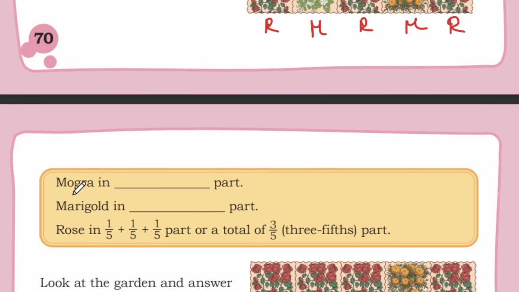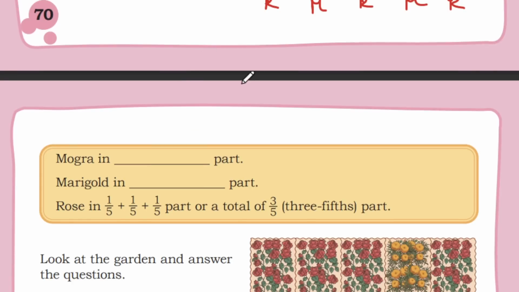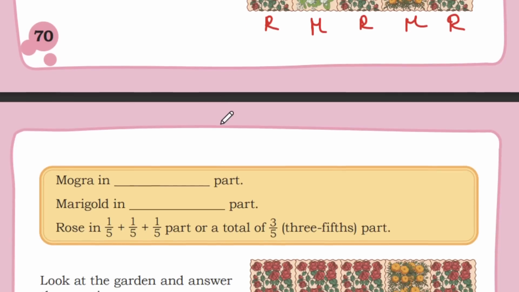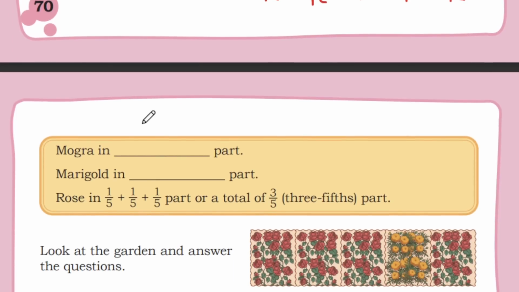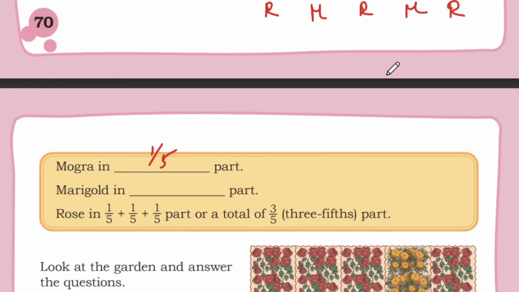So moringa is in dash part, it is in 1 part. So one of the parts, so it is 1 by how many here? 1, 2, 3, 4, 5. 1 by 5. Next, marigold. So marigold is in dash part, we have marigold again 1 by 5. You can write 1 by 5 or you can write 1/5.